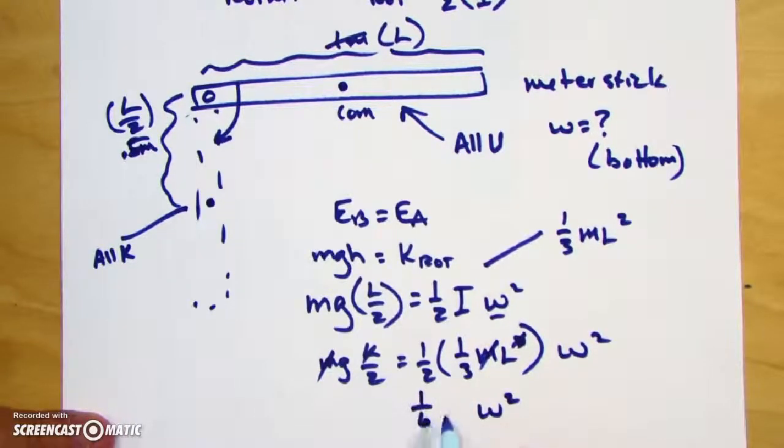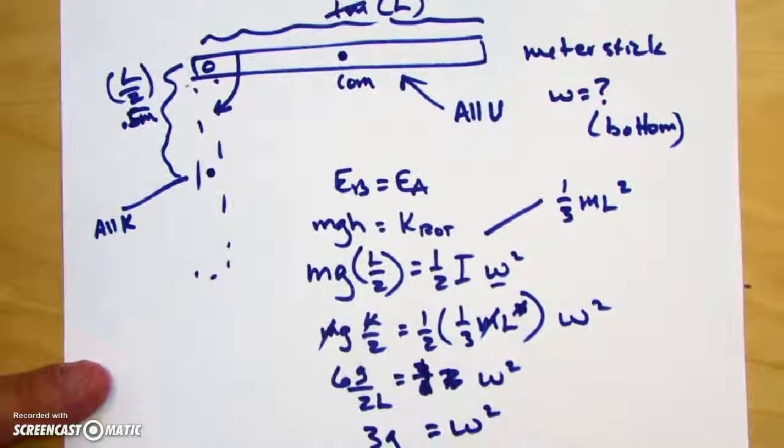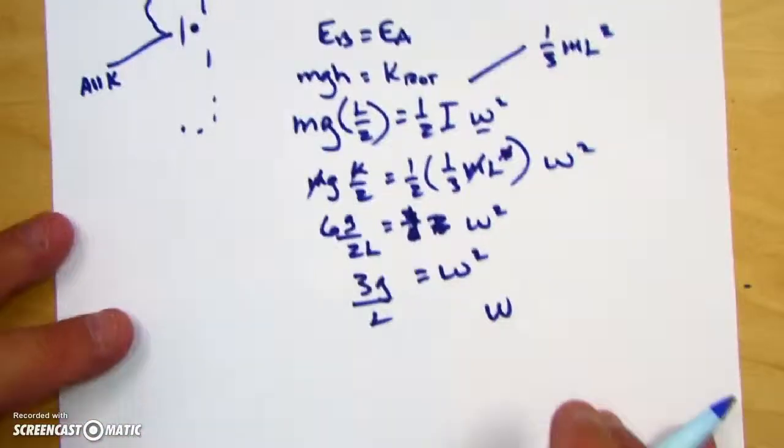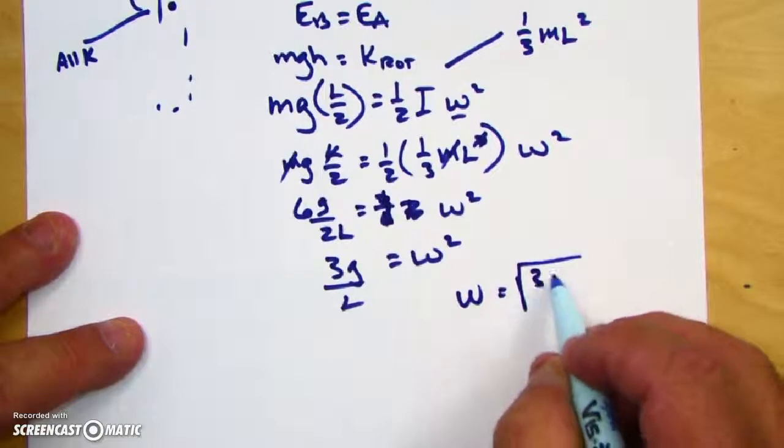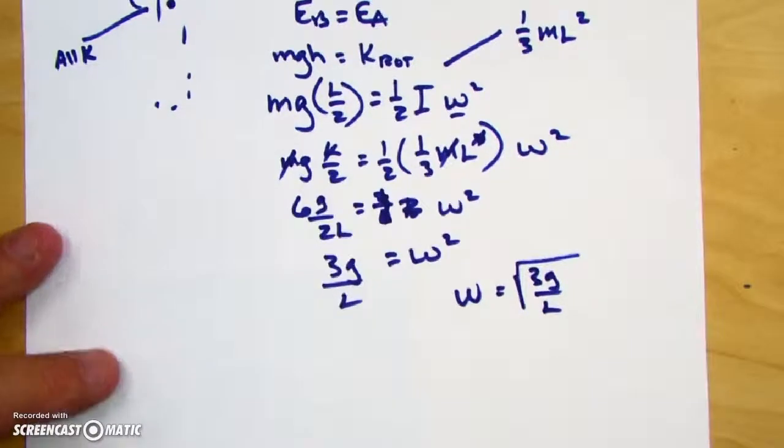Over here we have 1/6 L omega squared, that's equal to g over 2. So multiply both sides by 6, and that disappears. Divide both sides by L, and that disappears. I get omega squared is equal to 3g over L. So therefore omega would be the square root of 3g over L.